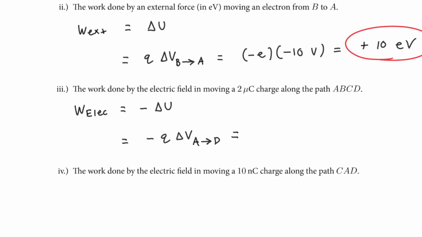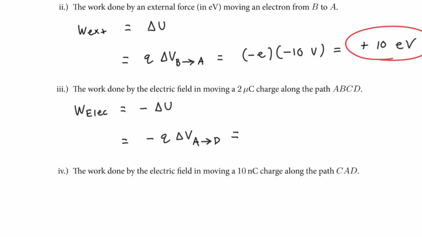And I'm totally ignoring all these intermediate steps, because delta V only depends on the endpoints, because the electric force is what we call conservative. It's just like when climbing the stairs. You don't care if the stairs were spiral or not, the work done against gravity is the same regardless.